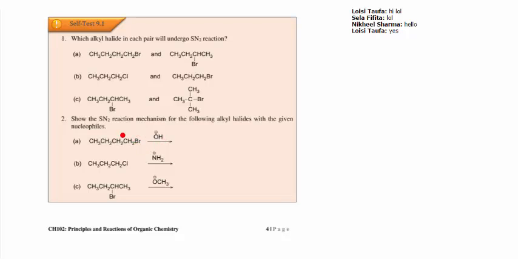Alright, moving on to question number 2, since I can't actually write on this easily, what I'm going to do is just give you the mechanism briefly. So this is a primary alkyl halide, and once the bromine here leaves as a leaving group, the nucleophile will attach to the carbon.